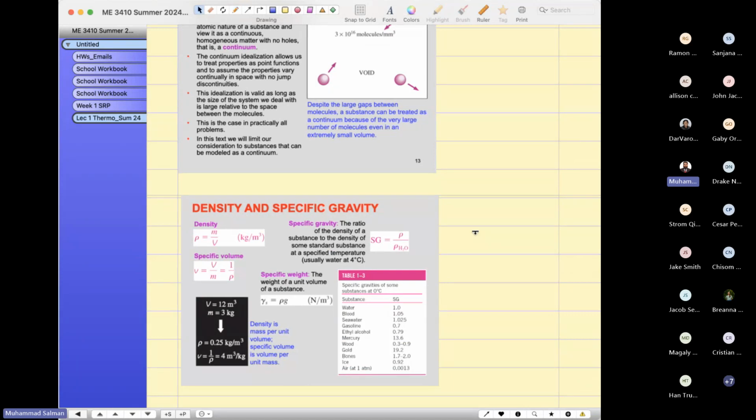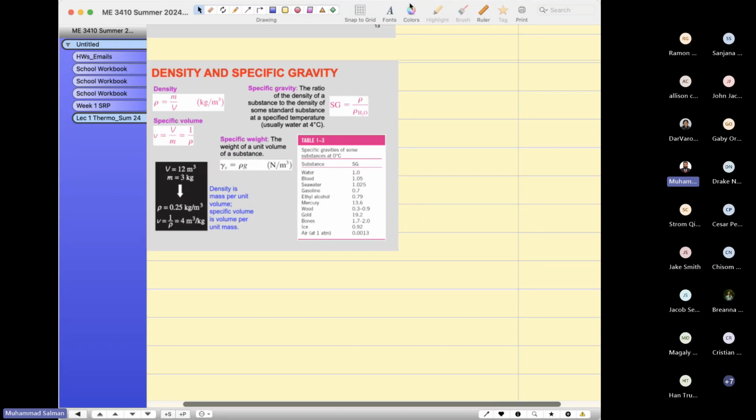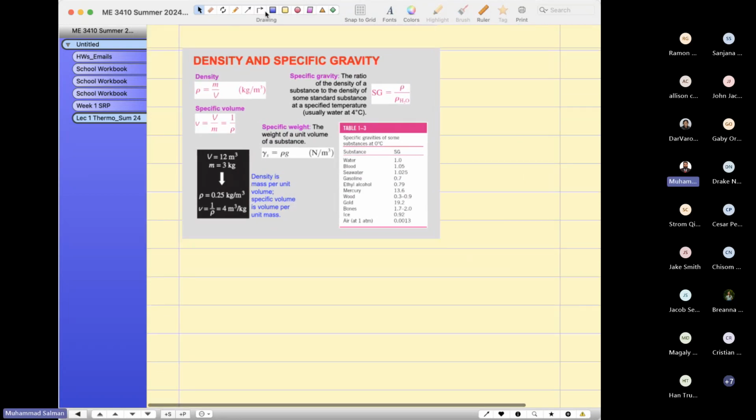Okay, the next property you will learn today is the density. And density is mass per unit volume. Please write this formula in your formula sheet. You will be using density a lot of times. And the next formula you should write down is specific gravity. It's a ratio of two densities: density of a substance divided by density of water.